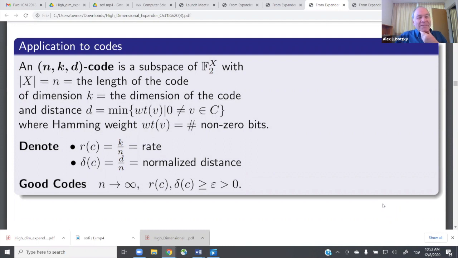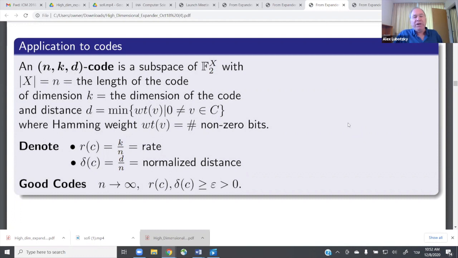Okay. So let me give a quick application, a very famous application to coding theory, to error correcting codes. And I want to stress something that even people who know about that will see some connection toward the end of my talk. So let [n, k, d] be a code. This is basically just a subspace.